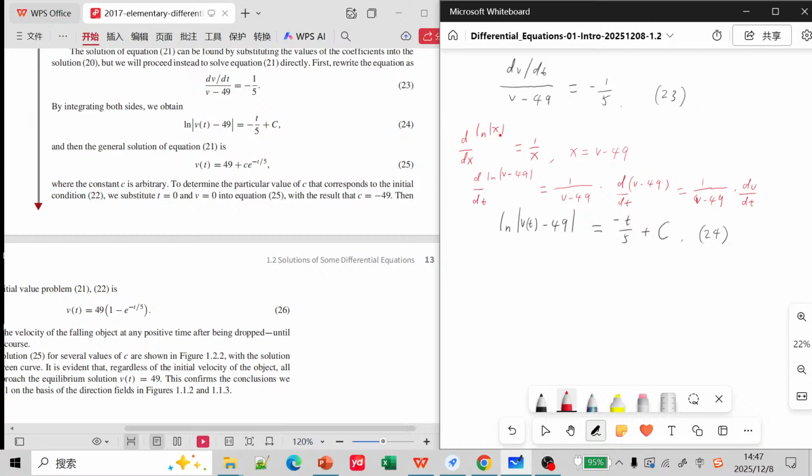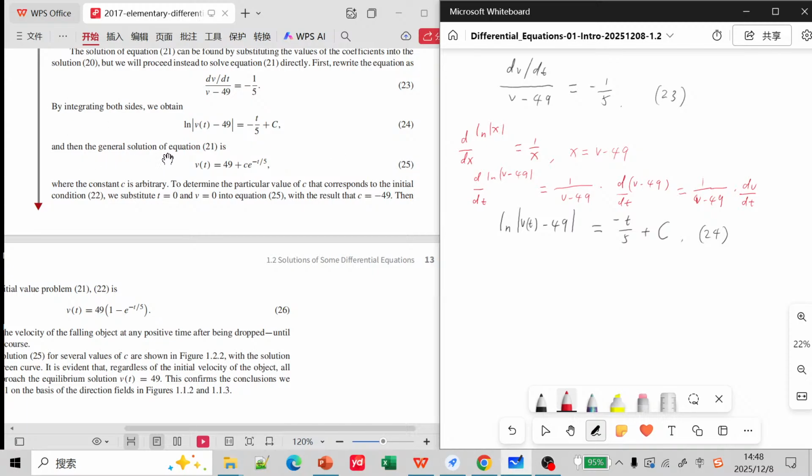This is the left-hand side antiderivative, and the right-hand side antiderivative is just minus t over 5. Maybe we just do a quick verification, because its derivative is minus 1 over 5, and here is another constant. So this is equation 24.